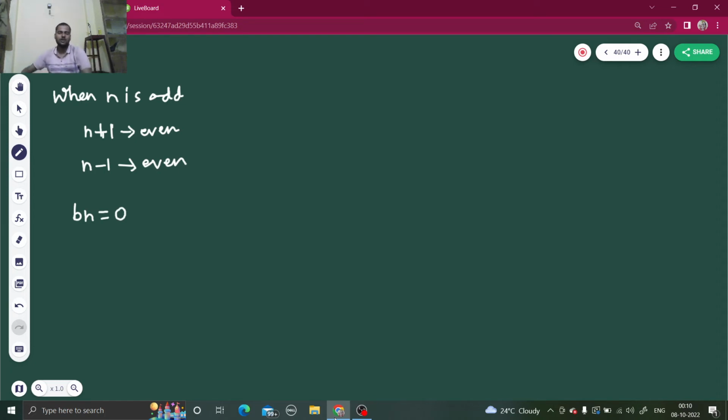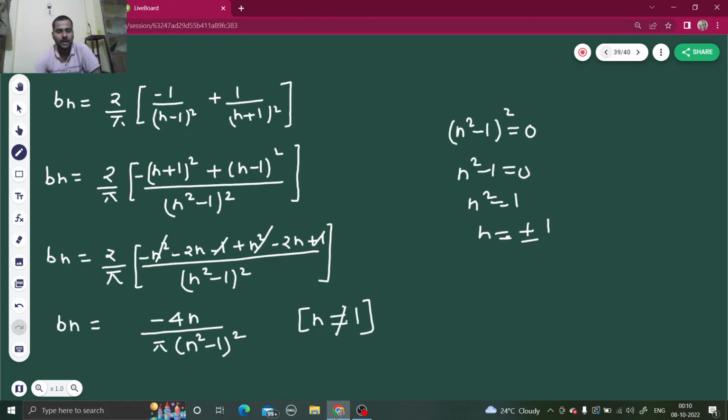So bn is only existing when your n is even, and except for the case when n is 1. Now why are we taking n equals 1 here also?